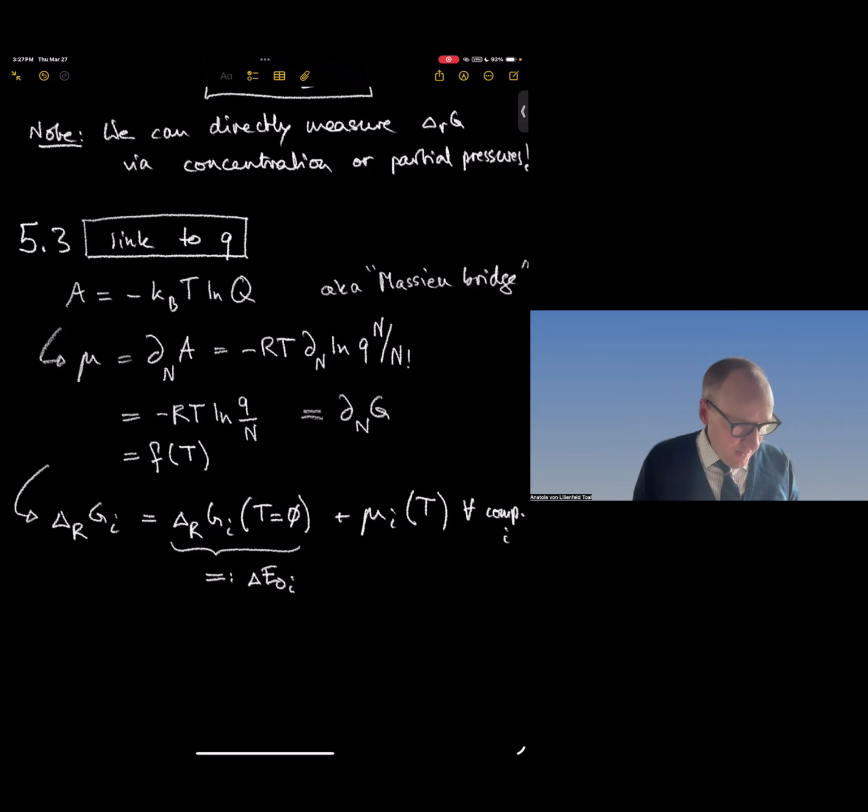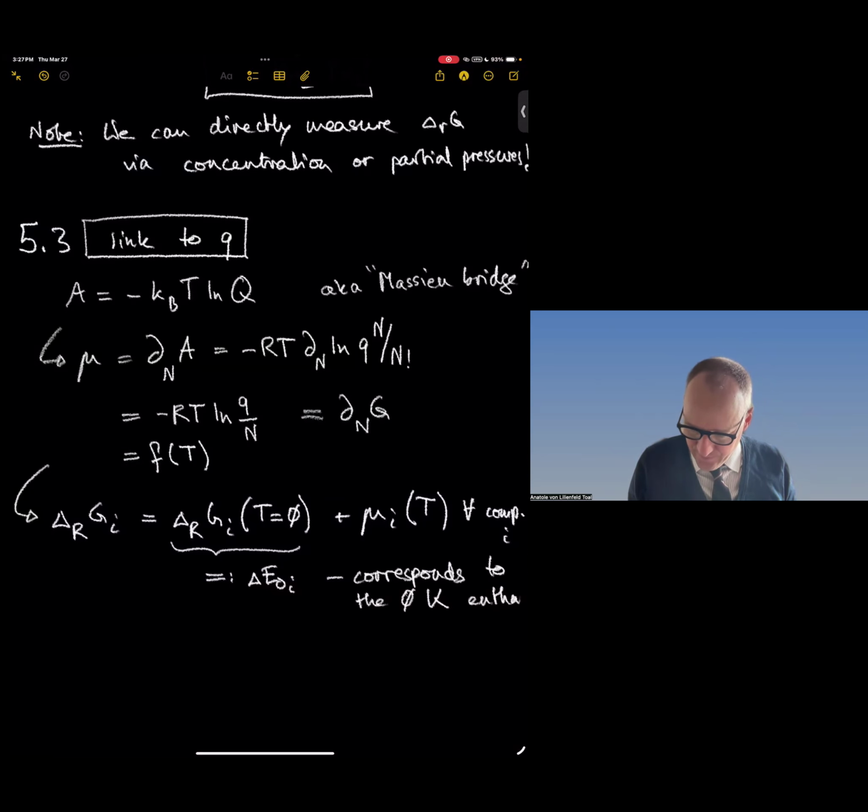And so this really corresponds to the 0 Kelvin enthalpy difference.